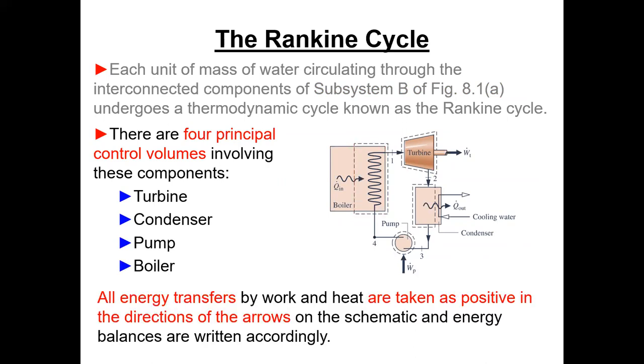In these slides, all energy transfers by work and heat are taken positive in the directions of the arrows, and all the equations and balances are written accordingly. So we have our formal thermodynamic definitions of negative and positive heat transfer and work. Sometimes they violate this, and so whatever direction the arrow is, we're taking it to be positive.